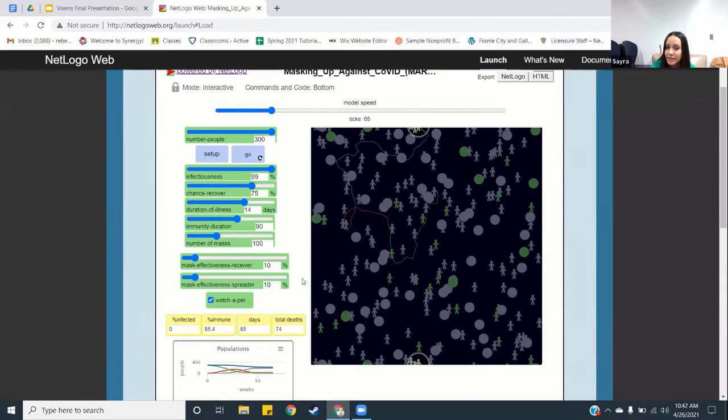So it's a much bigger difference, and basically this shows how it's a lot worse. It's just worse if people wear masks that aren't very effective at all than to have people not wear masks at all.